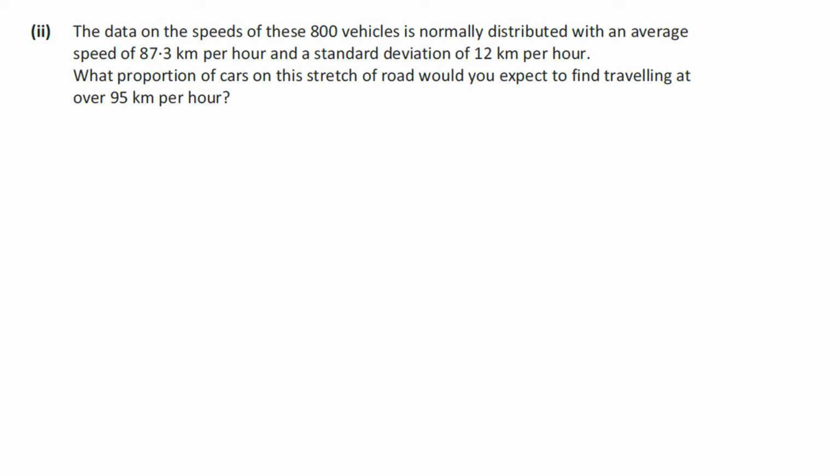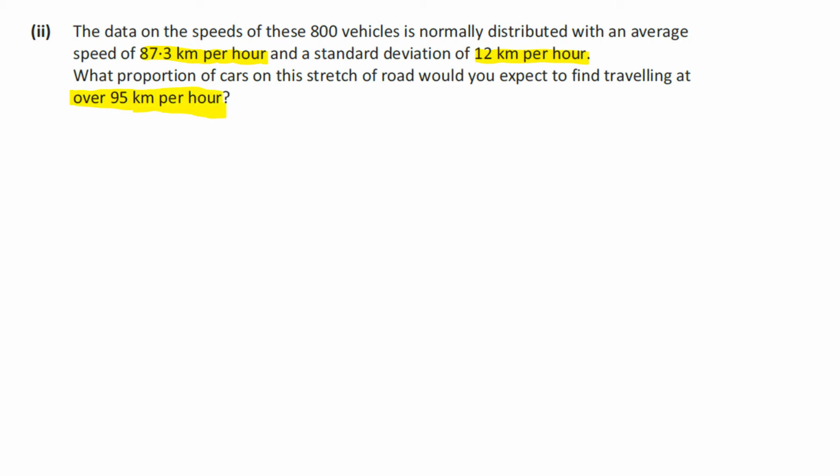Part 2. The data on the speeds of these 800 vehicles is normally distributed with an average speed of 87.3 kilometers per hour and a standard deviation of 12 kilometers per hour. What proportion of cars on this stretch of road would you expect to find traveling over 75 kilometers per hour?